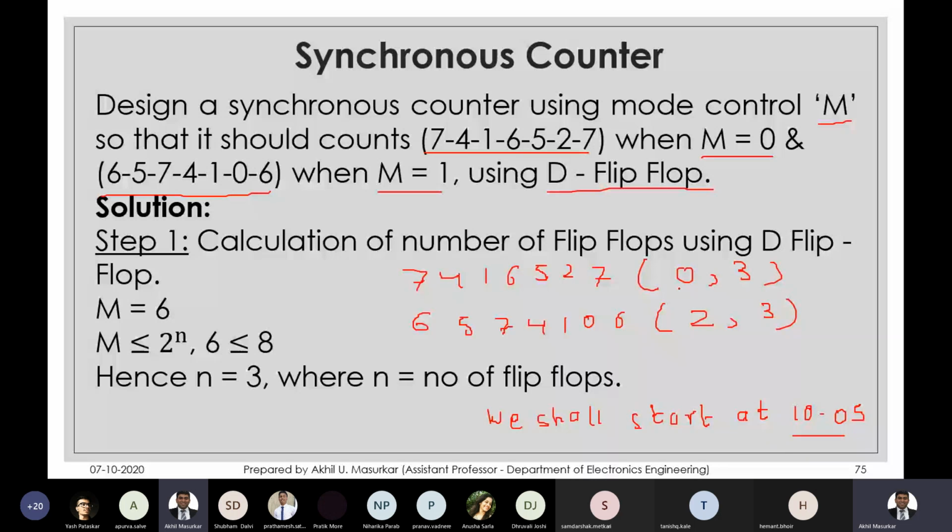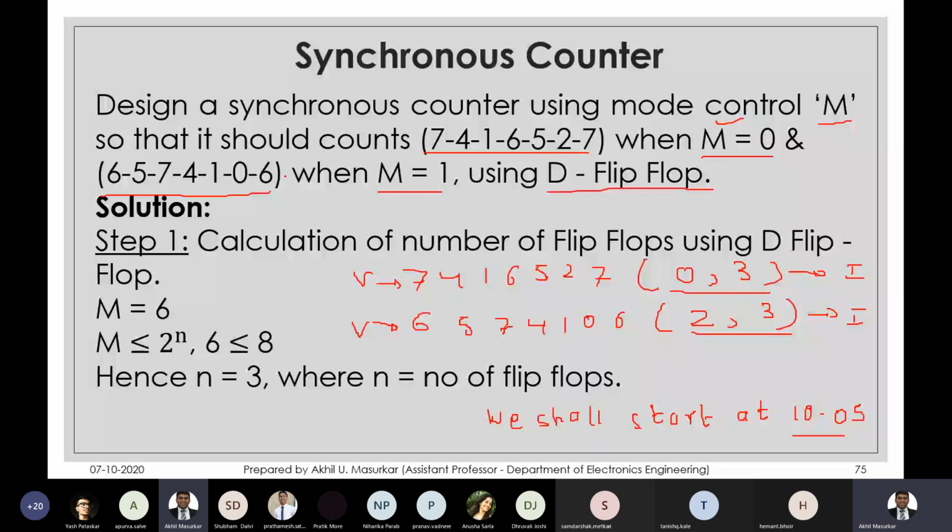So these are the invalid states and these are the valid ones. We have to now carefully define the next states of these invalid states when M equals 0 and when M equals 1.